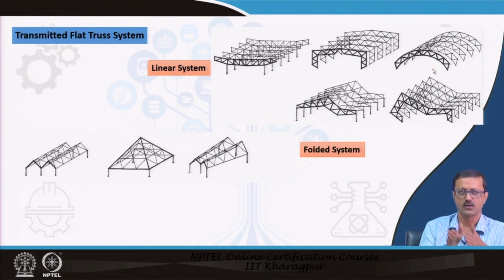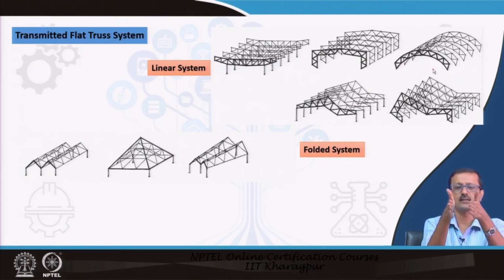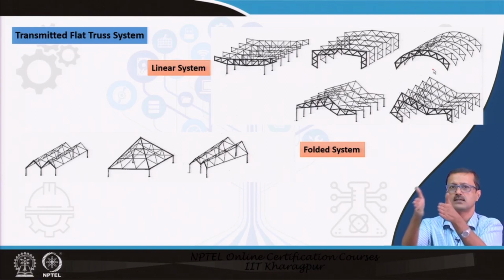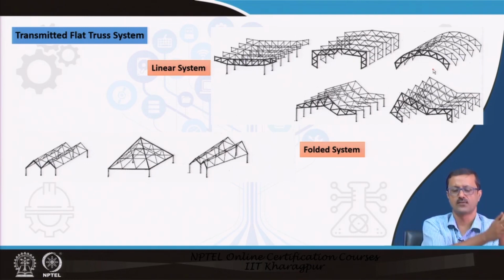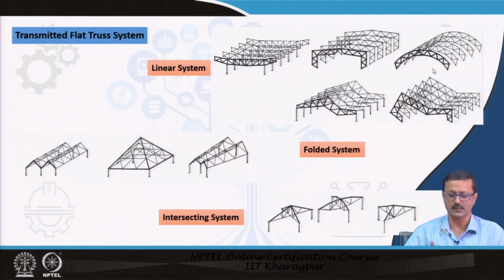So, you have one set of truss and another set of truss. If they go like that, that is linear. But if it is intersecting like this, then it is a folded kind of system. And finally, it is intersecting the other way around.